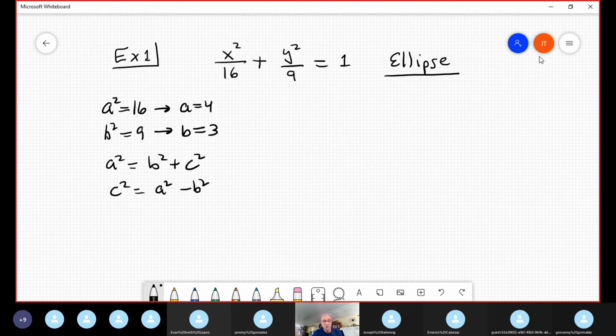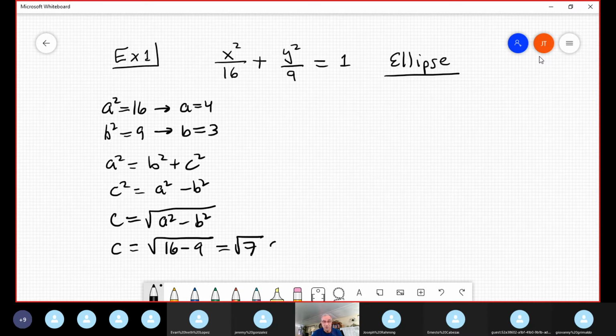Actually, C is the square root of A squared minus B squared, and you take only the positive square root because it's the distance. C is equal to the square root of 16 minus 9, which is 7. Square root of 7, when you have an irrational number, you convert to a decimal approximation, no? You put in the calculator 2.646.